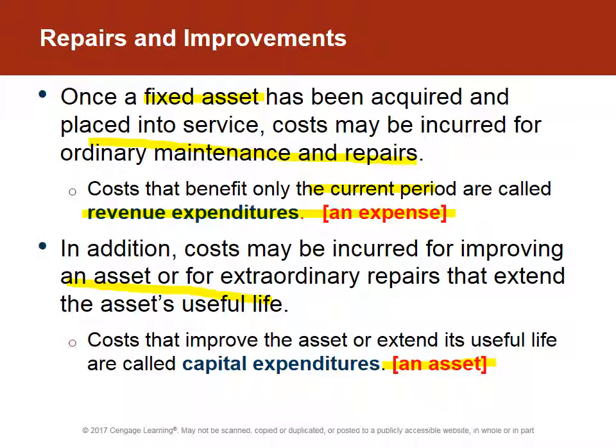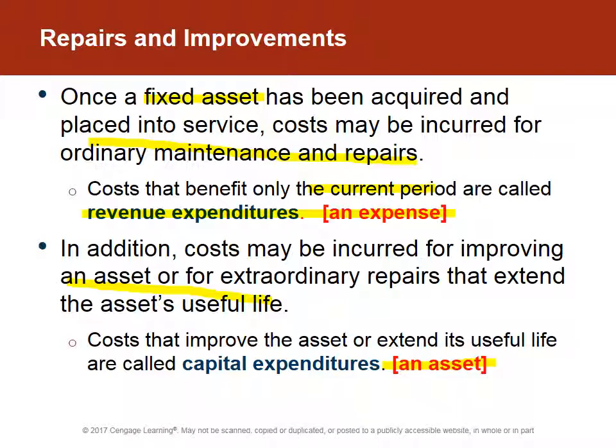And it would be under maintenance expense. If the truck has an overhaul of a new engine or maybe new tires, that's going to be extending the life of the asset. In that case, it's going to be a capital expenditure and it's going to be considered an asset, and we'll increase the value of that asset or set up a new one. Depends on the company's strategy.